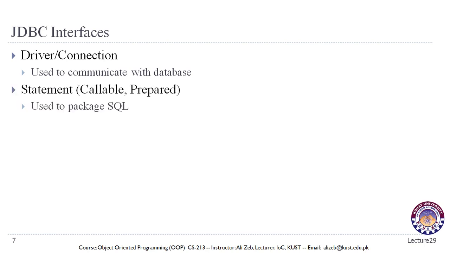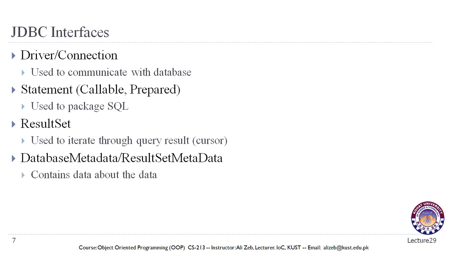For a statement, we'll need an object of the Statement interface that can be a PreparedStatement or a CallableStatement that is used to package SQL. Then we'll have a ResultSet, an object of the ResultSet interface that is used to iterate through the query result or cursor. Basically we can load our table into the result set, and then we can traverse through the table from within our program.